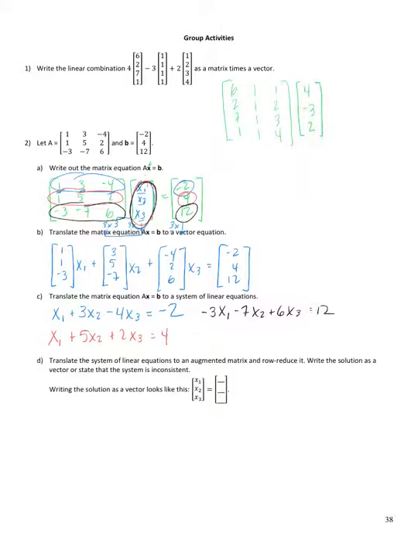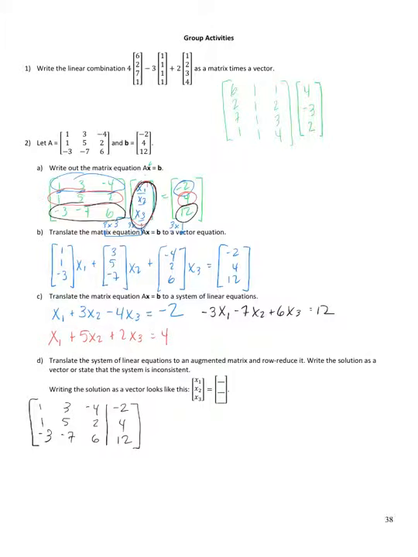Okay, now I want to translate this system to an augmented matrix and row reduce it to solve, or state that it's inconsistent. So my augmented matrix is going to be 1, 1, -3, 3, 5, -7, and -4, 2, 6, augmented with B, which is -2, 4, 12.